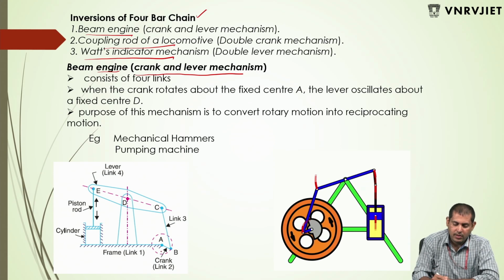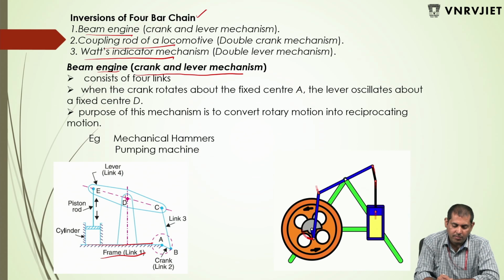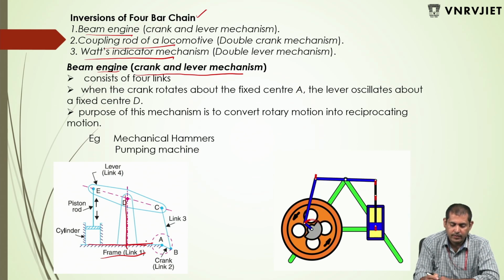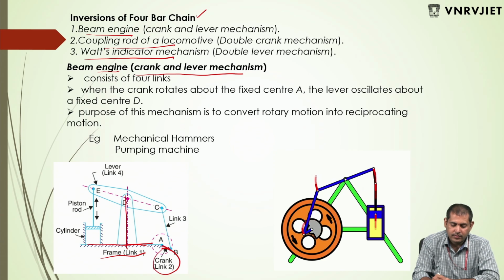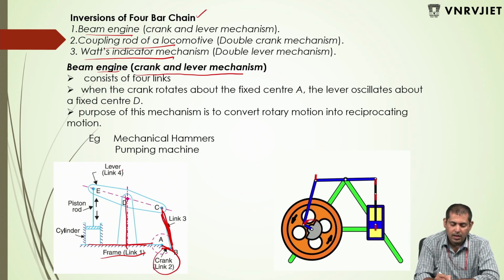Link 1 is the frame, link 2 is the crank, link 3 is the connecting rod, and link 4 is a lever.